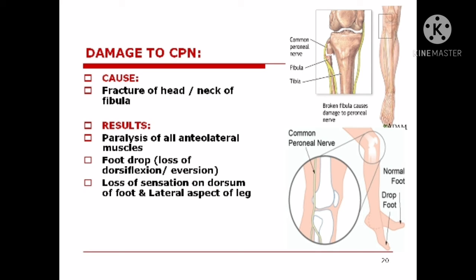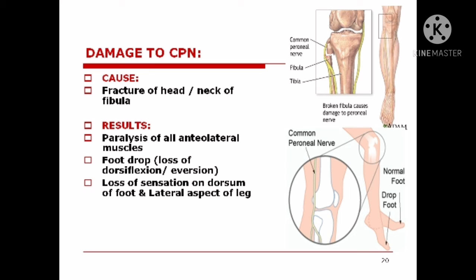Clinical relevance. Damage to common peroneal nerve. The cause may be fracture of the head or the neck of the fibula. The result may be paralysis of all the anterior and the lateral muscles. The anterior, the extensor muscles of the leg, and the lateral, both of the peroneal muscles.